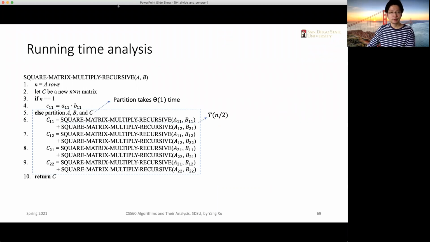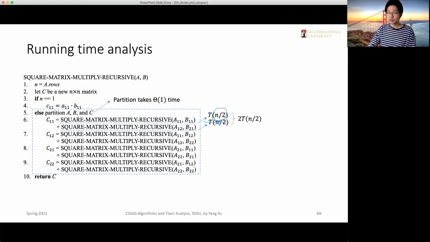If we use capital T of n to indicate the solution to the original problem, then of course, because our input is now half the size of the original matrix, we can use T of n over 2 to denote the cost for this first subproblem. And we have a second problem, which is another T of n over 2.